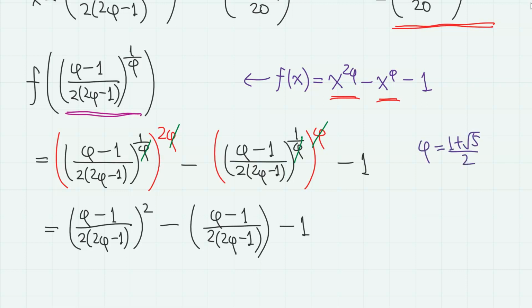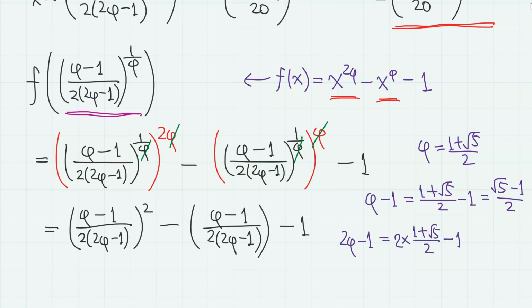And now let's substitute with numbers. Let's use the fact that phi minus 1 is this value minus 1, so it is (square root of 5 minus 1) over 2, and 2 phi minus 1 is 2 times this minus 1, so it is just square root of 5.